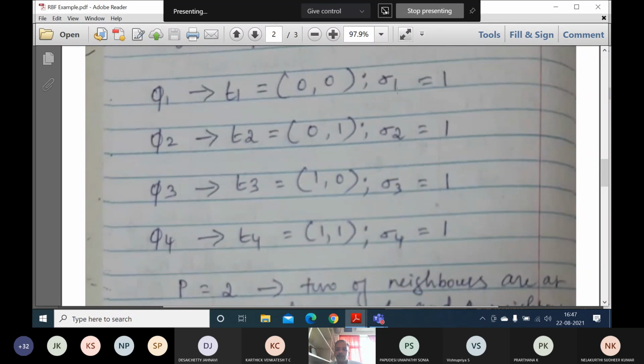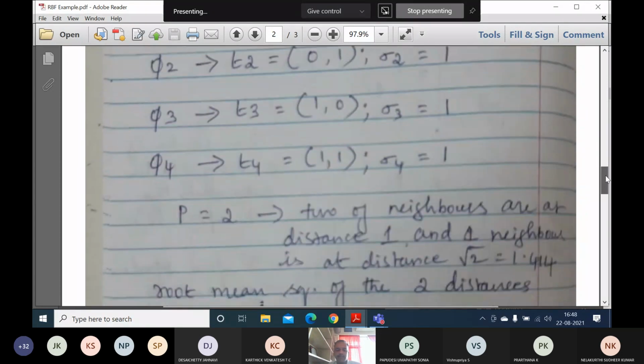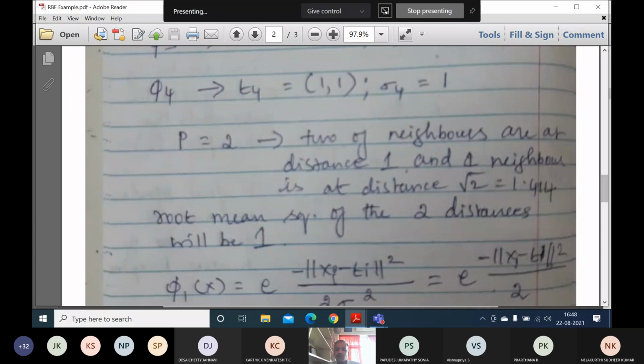So the two nearest neighbors are at a distance of 1 and the third one will be at a distance of square root of 2. We consider that P equal to 2 means I can take only two neighbors at a distance 1 and one neighbor at a distance of square root of 2, which is 1.414.